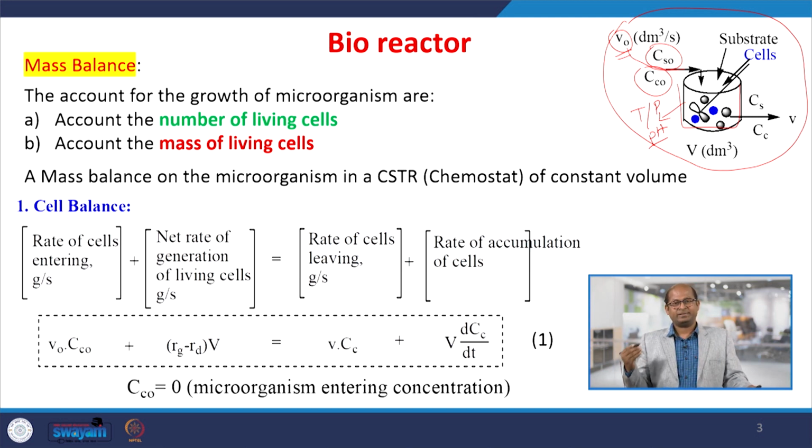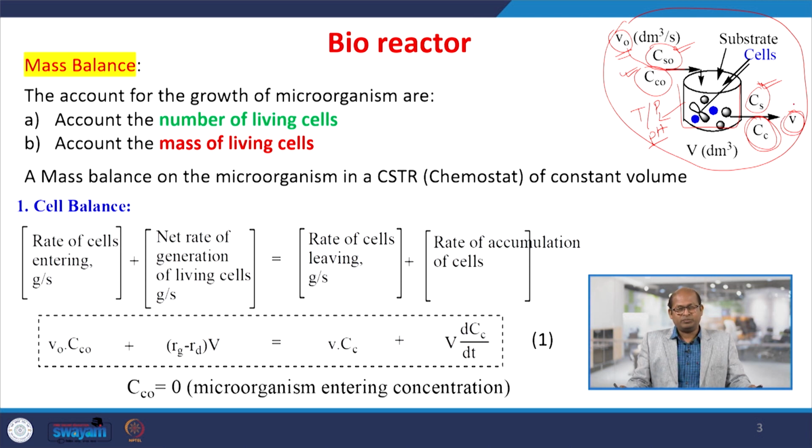New cells will form, and the substrate will be converted into product. In the outlet stream, the substrate concentration is this, and the cell concentration, initially low, finally becomes Cc when it comes out of the reactor, at a volumetric flow rate of V.